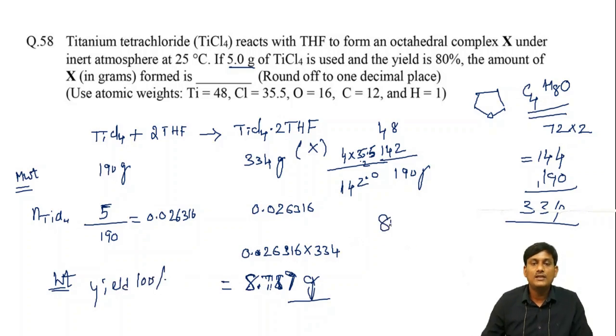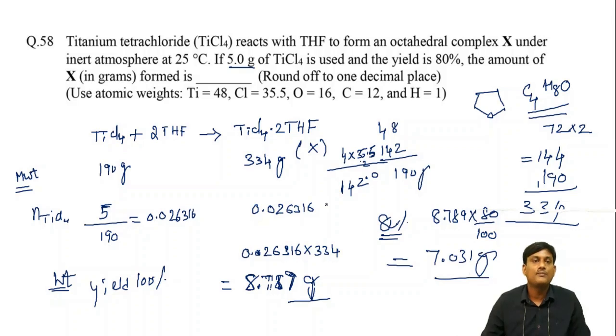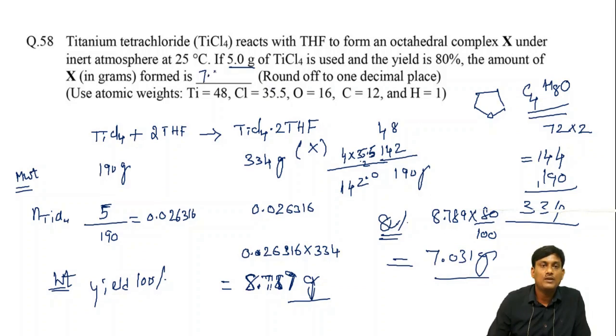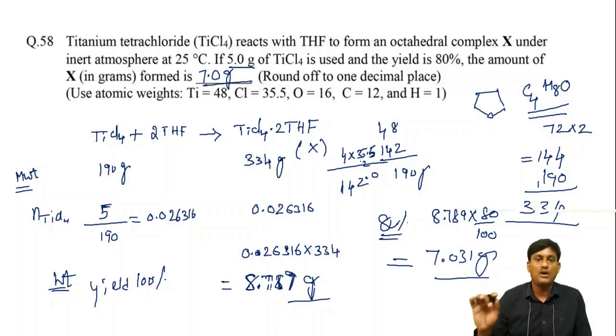When yield is 80%, then simply you have to multiply with 80 by 100. So 8.789 into 80 by 100, you will get 7.031 grams. So what is the amount? 1 decimal point you have to approximate. It will be 7.0 grams of X will be formed.